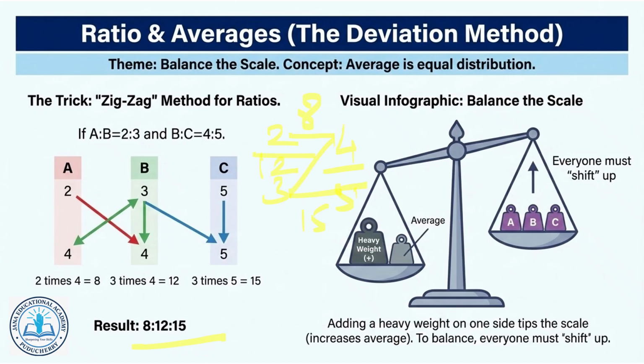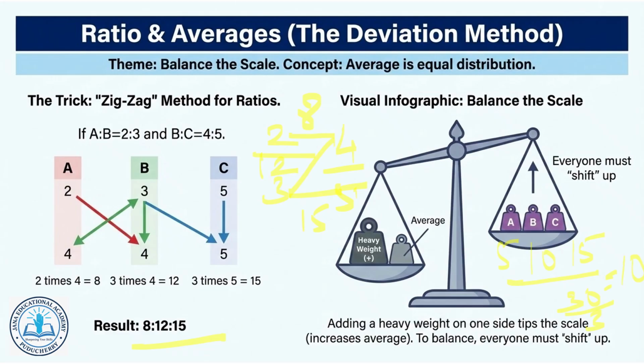Let us take an example. Let us take the weights: A is 5, B is 10, and C is 15, right? If you calculate this, 5 plus 10 plus 15 is 30. What is the average? 30 divided by 3 is nothing but 10. The average is 10 here.